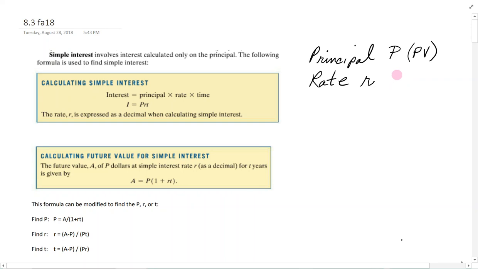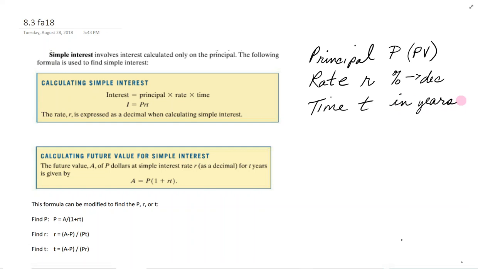It is given as a percent, but you will have to change it to a decimal, and you have practiced that plenty of times. Then there is the time, and we will use lowercase t for that, and it needs to be measured in years. And we will talk about what we do if they tell us it is a certain number of months or weeks or days.